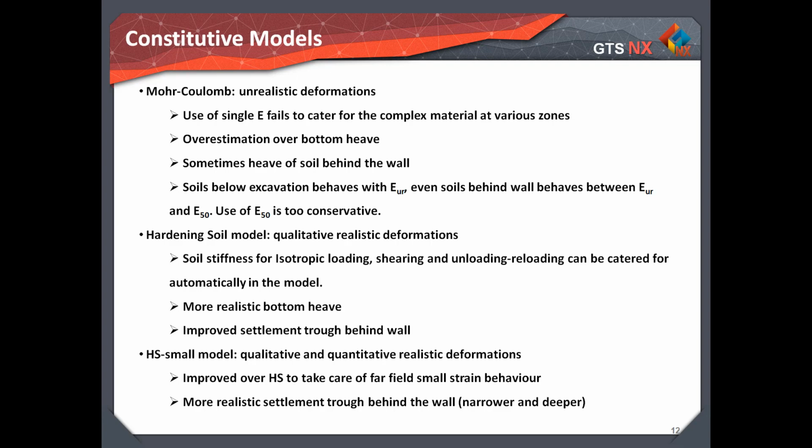The hardening soil with small strain stiffness model gives qualitatively and quantitatively realistic deformations. It is improved over the hardening soil model to take care of far-field small strain behavior, and gives more realistic settlement behind the wall, narrower or deeper.